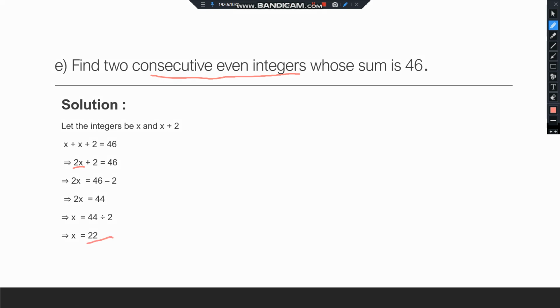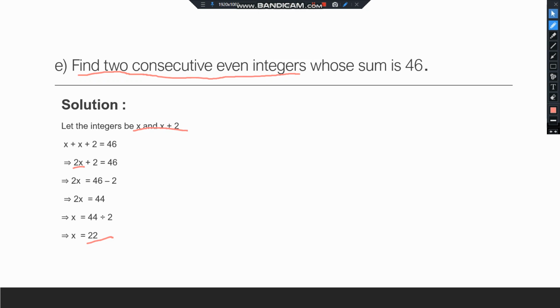Is this the final answer? No, they are asking to find two consecutive even integers, not the value of x. So this is not something where you have to solve the equation for x. So you need to find the even integers. So where are the even integers? Here, where you supposed x and x plus 2.